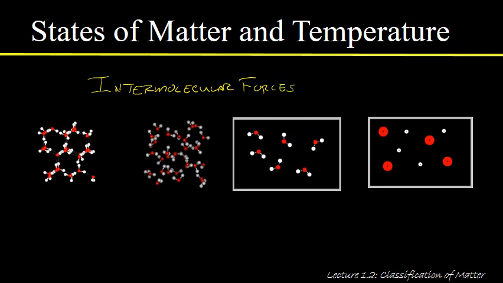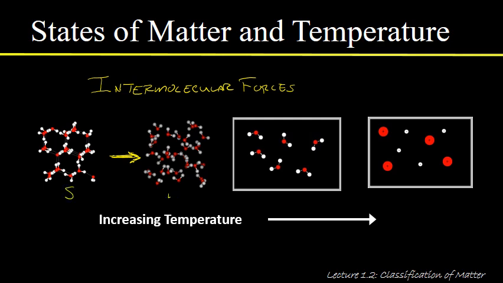Then as the material absorbs more thermal energy and the temperature goes up, that adds more kinetic energy, the molecules start moving around, and eventually they get enough kinetic energy to overcome the intermolecular forces. They're no longer held rigidly in place, and the molecules can move around a little bit, and that's when it goes from being a solid to a liquid.